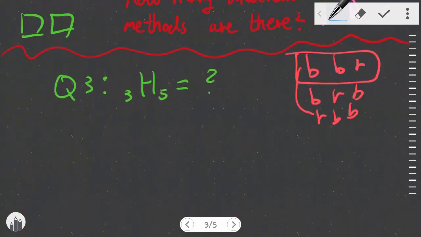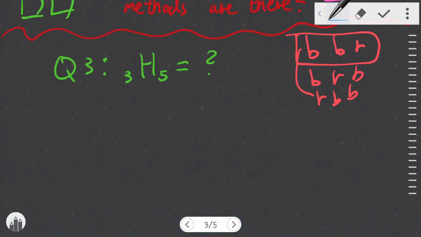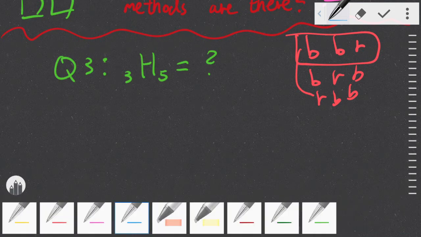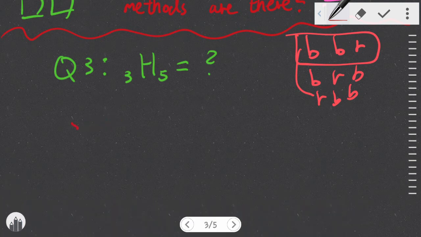So let's solve some simple problems now. Now that we've learned how to calculate the repeated combination, let's try this problem. 3H5 equals a question mark. What would the question mark be? Let's try it. 3H5, n equals 3, r equals 5.